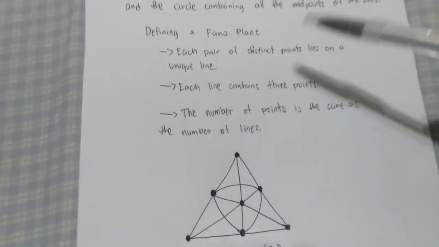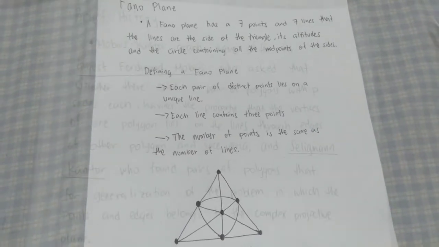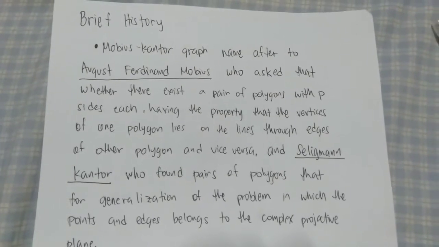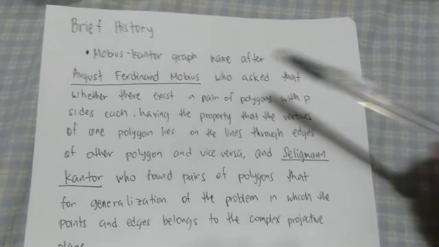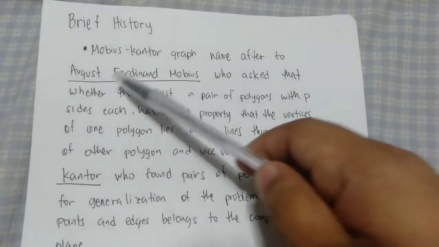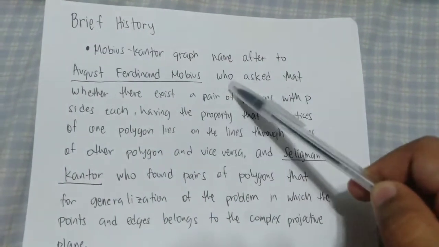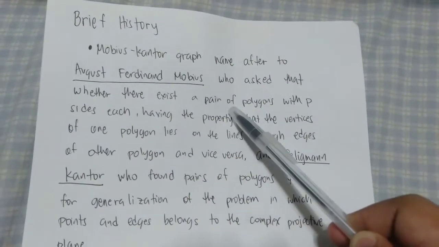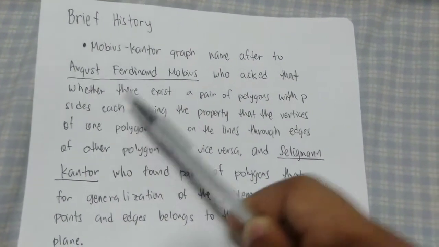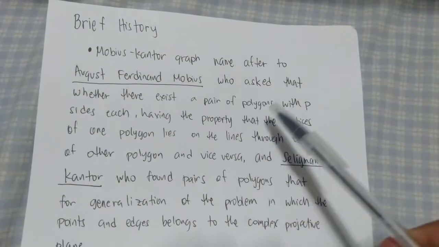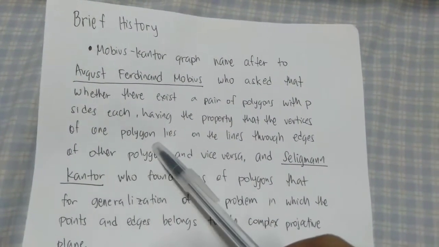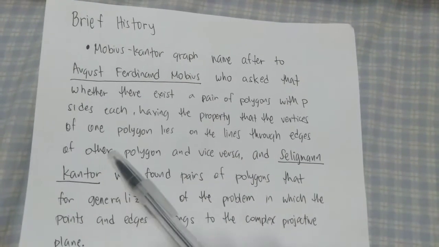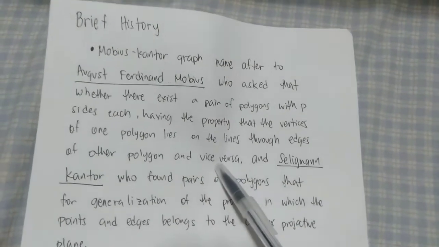So, let's talk about the other configuration. The brief history of the Möbius-Kantor configuration. The Möbius-Kantor graph is named after August Ferdinand Möbius, who asked whether there exists a pair of polygons with p sides each, having the property that the vertices of one polygon lie on the lines through the edges of the other polygon and vice versa.